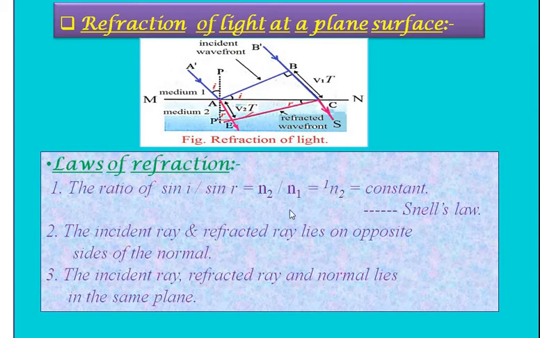Then the second law is the incident ray and refracted ray lie on opposite sides of the normal. This is the incident ray, this is the refracted ray, which lie on opposite sides of the normal. And the third law is the incident ray, refracted ray and normal lie in the same plane.